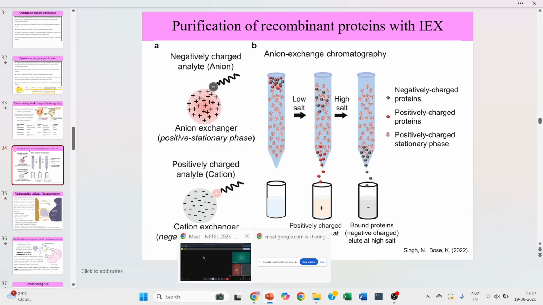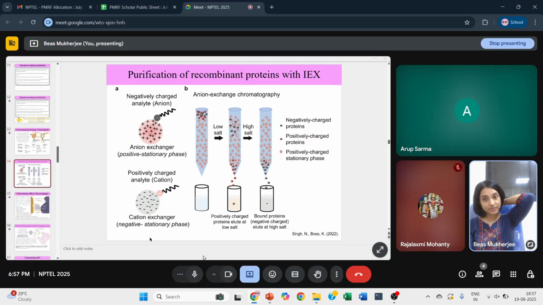Now see, we will look at this in detail. There is a negatively charged anion and this is binding to the positively charged resin. Your protein is negatively charged but the rest of the bacterial proteins are all positively charged, so initially in the flow through you are going to get the positively charged other proteins.